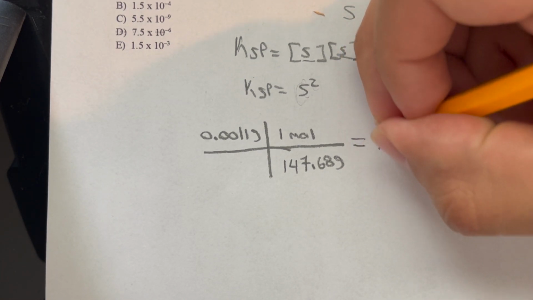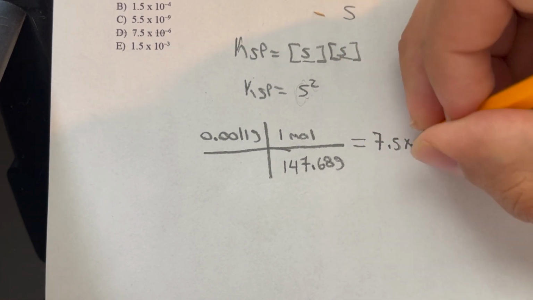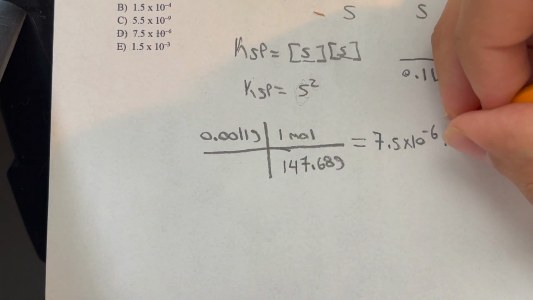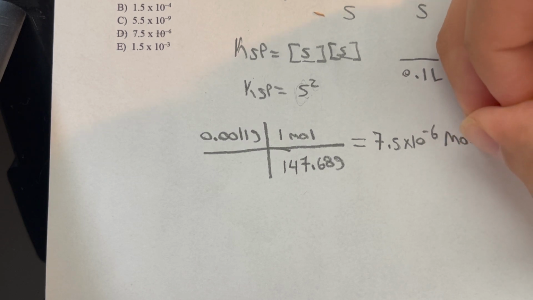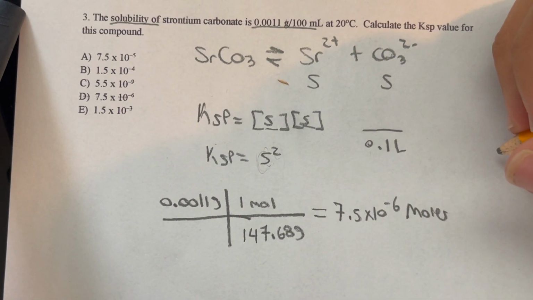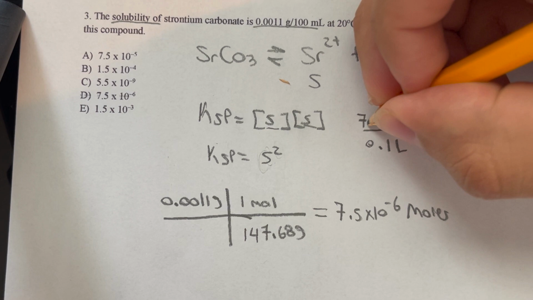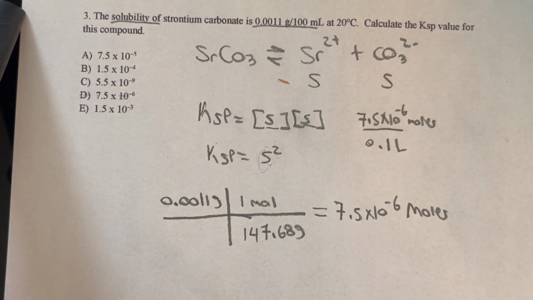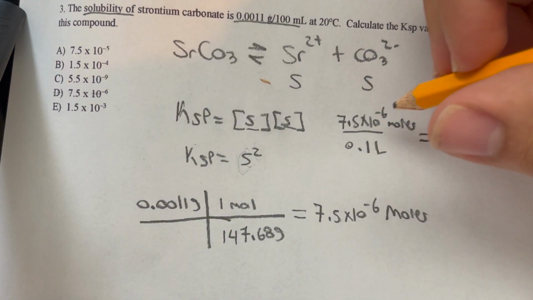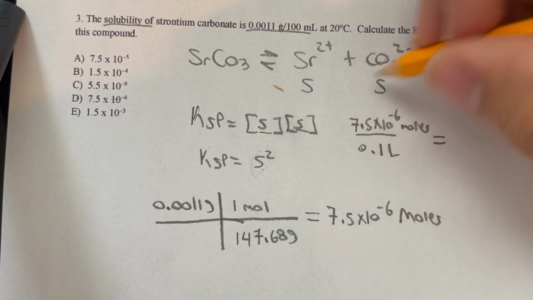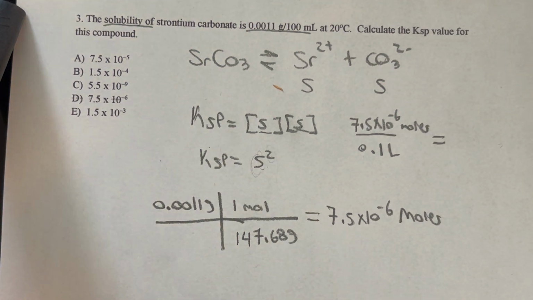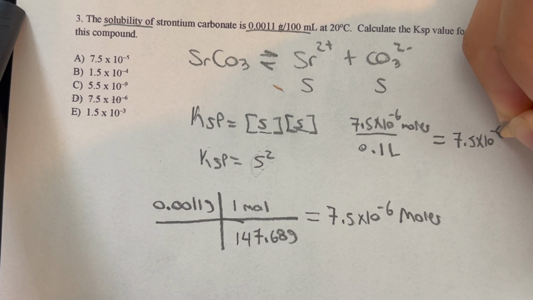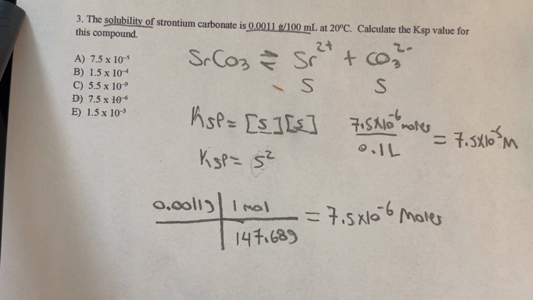We'll get 7.5 times 10 to the negative 6, right? Okay, this is moles. So then we'll plug the moles in here. And now if we do this operation, we'll get molarity out of it. And this becomes 7.5 times 10 to the negative 5 molar, right?